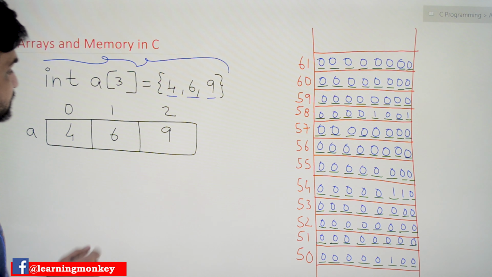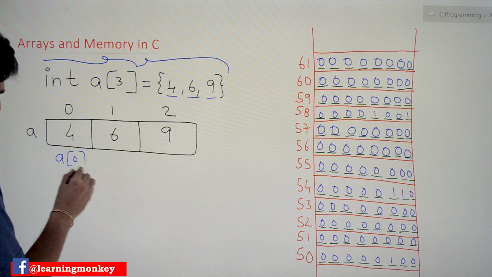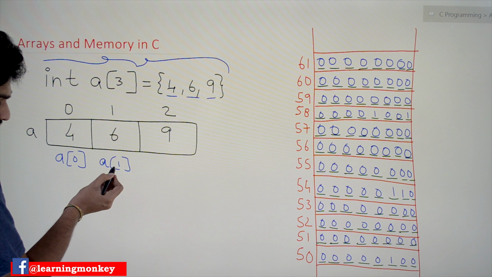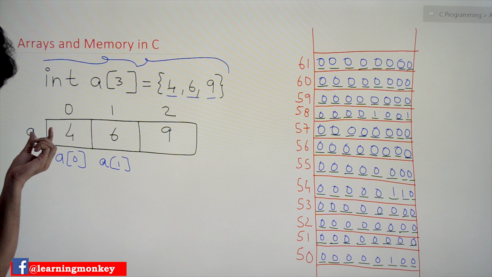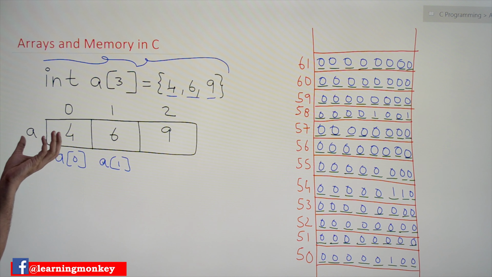So let's assume that this is memory location a[0], this is memory location a[1], and a[2]. This is how we can access elements by the index. These are the indexes of the array. By using this index, we can access the elements of the array.